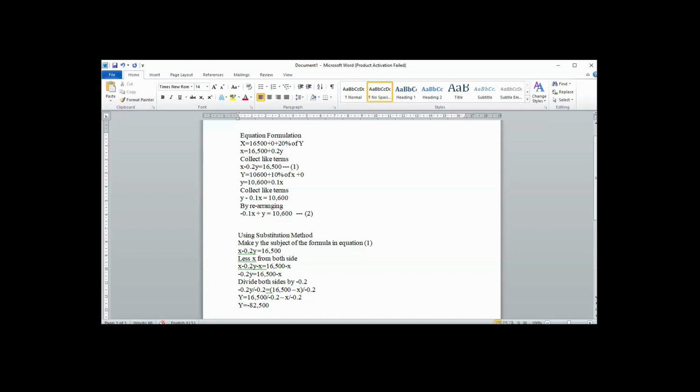1 divided by 0.2 is equal to plus 5x. Where is the 5 coming from? 1 divided by 0.2, what do you have? x has an invisible 1, so you divide 1 by 0.2.